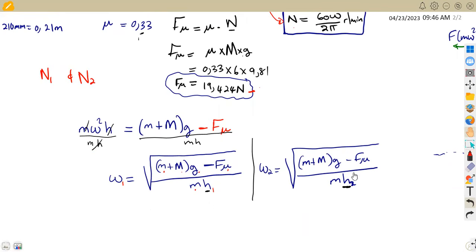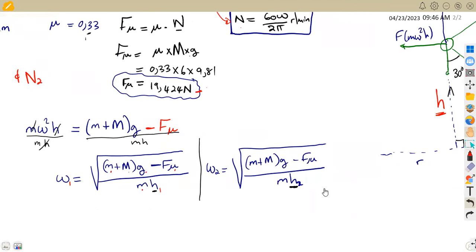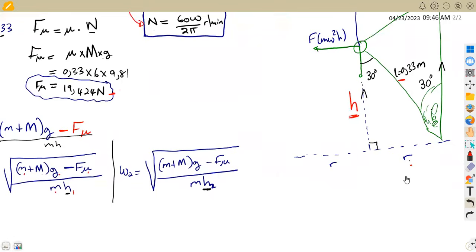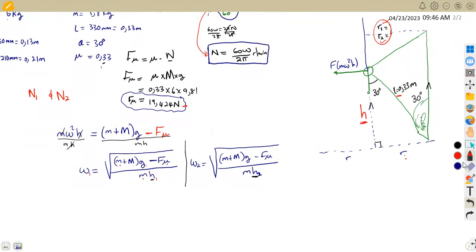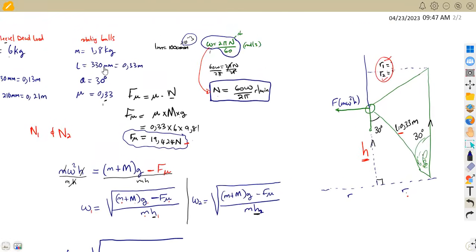So we can take our H1 and substitute it into the formula. Omega-1 is going to be equal to the square root of, first, the mass of the rotating balls, which we are given as 1.8.